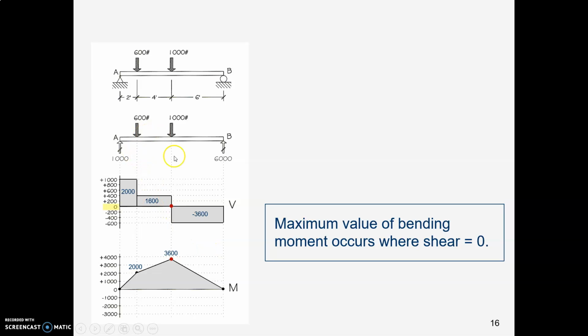Now, in some beams where you've got all kinds of loads going this way and that way, you might have the shear diagram crossing 0 at more than one place, and you might have a moment diagram with more than one peak. But at each point that the shear crosses 0, you will have a peak bending moment. And then what you need to do is just figure out, okay, what is the highest or lowest bending moment? What is the greatest moment value? That's the part of the beam you're worried about.